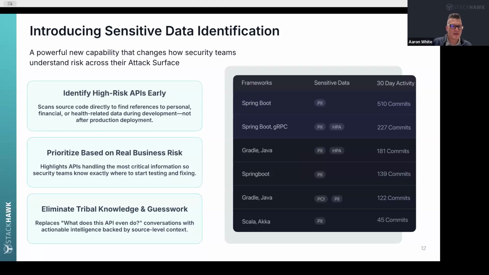Providing that real-time prioritized risk to your business, helping you understand what exists, what APIs are changing through development activity and which are handling sensitive data, and using that as additional data points for deciding which APIs I need to get under test next within StackHawk. And it reduces and eliminates that tribal knowledge, the guesswork, and the incomplete picture that you're getting with traffic-based monitoring.